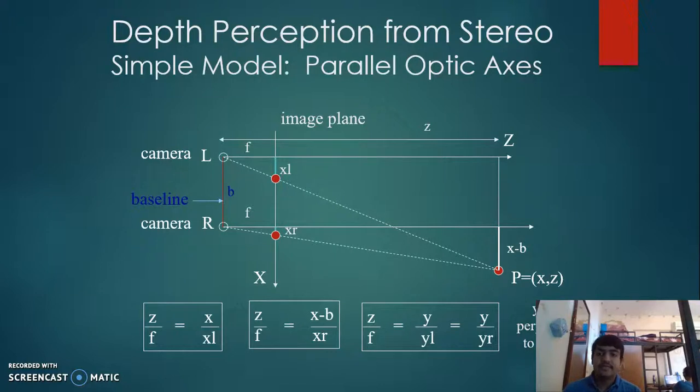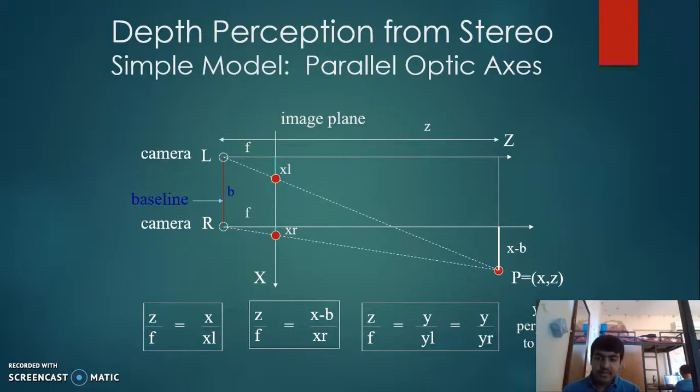Here we have considered left and right cameras and the baseline, as you can correlate with the earlier image of the human eye, the distance C, in the image plane Z. F is the focal length, and XL, XR are the points where they cut it.